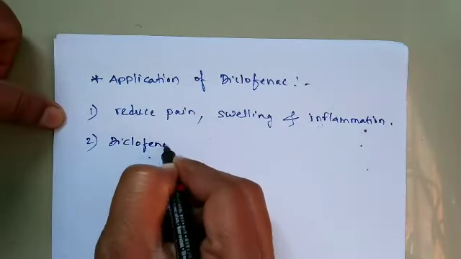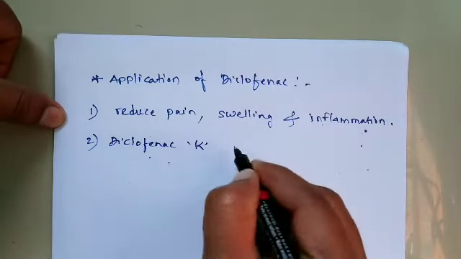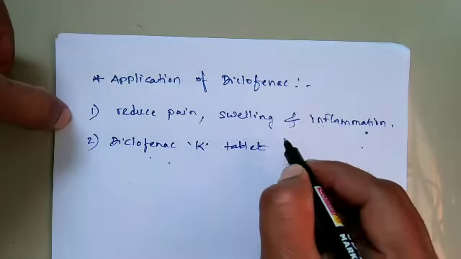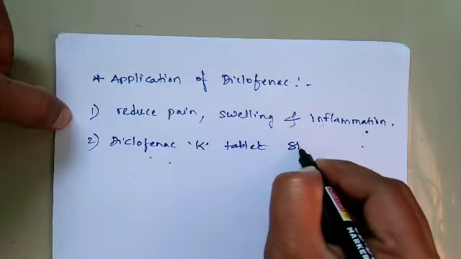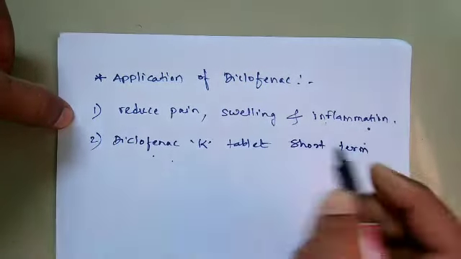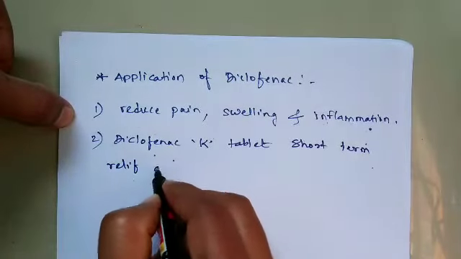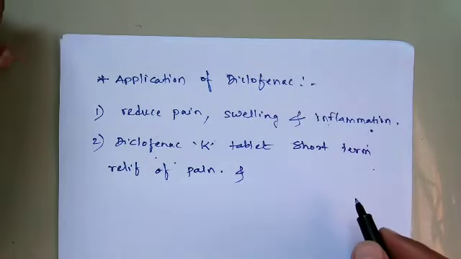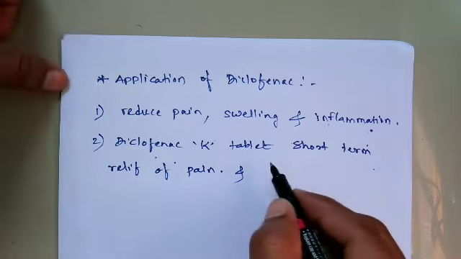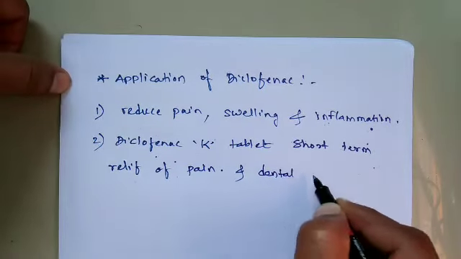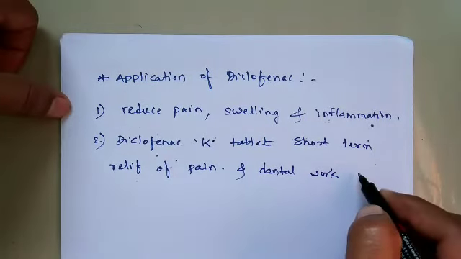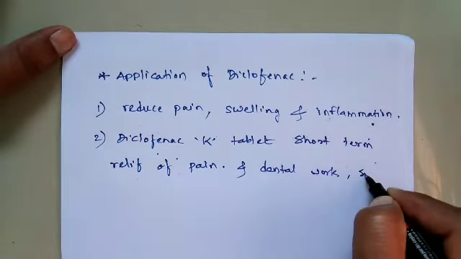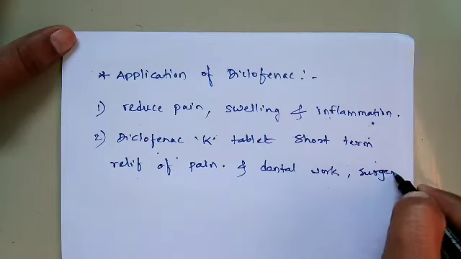Diclofenac potassium tablet, that means when the salt of diclofenac tablet we have to use, then it is used for short term relief of pain and inflammation caused by surgery or dental work, or when the surgery takes place.